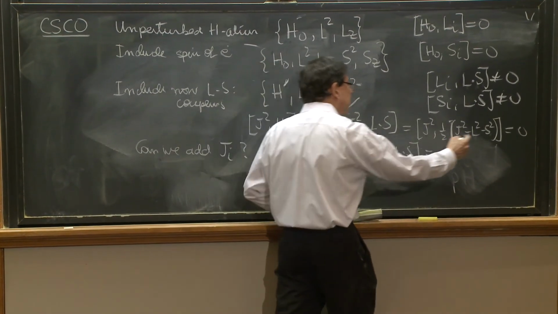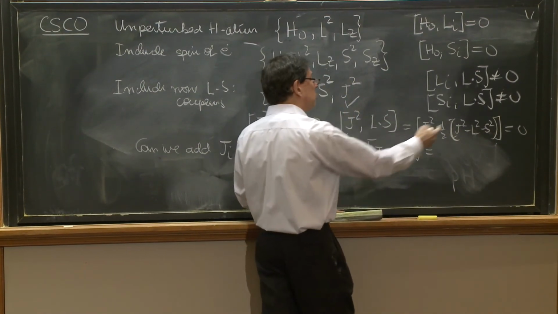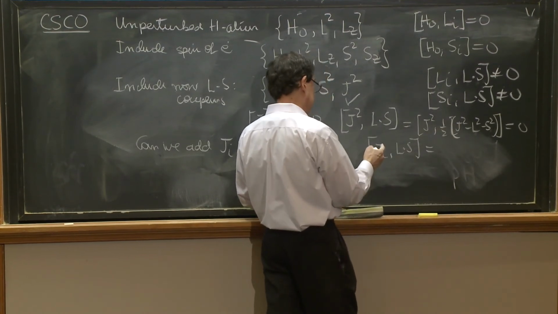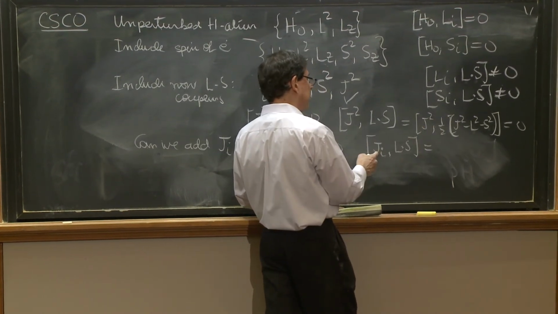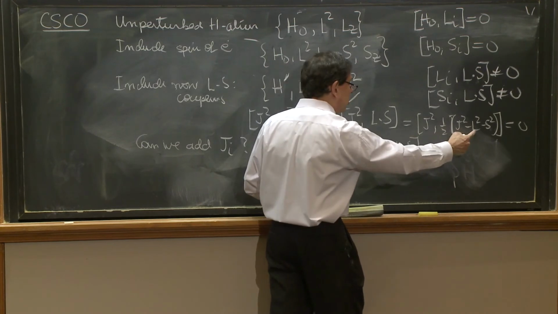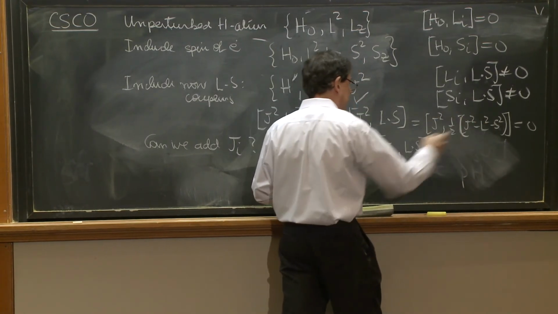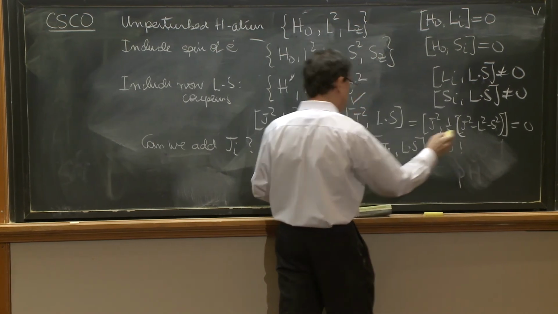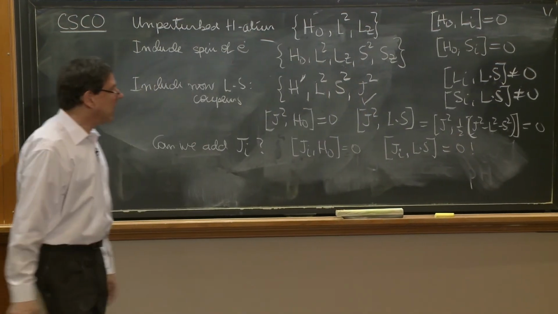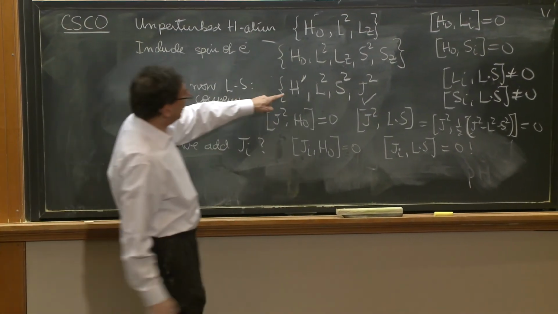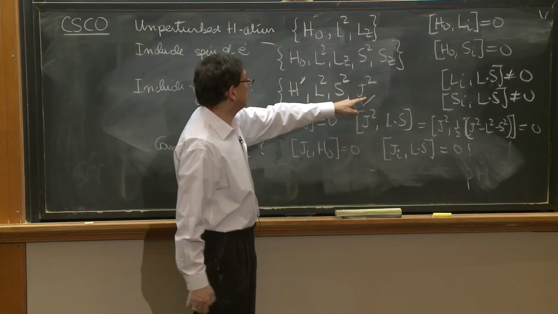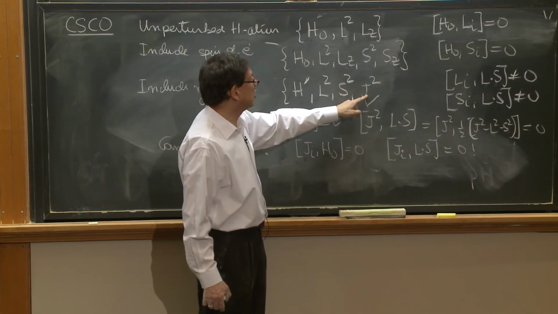Ji commutes with J squared, because that's the Casimir for J's, and Ji commutes with L squared, because L squared commutes with anything built of L and S, and commutes with S squared. So this is also 0. So we can introduce a Ji. Ji commutes with H prime, commutes with L squared, S squared, J squared.